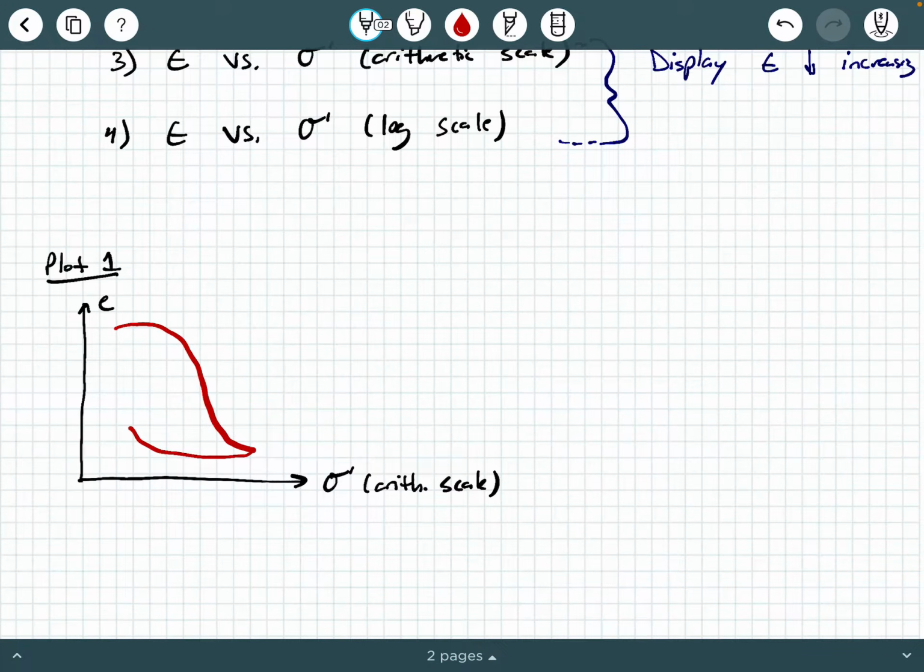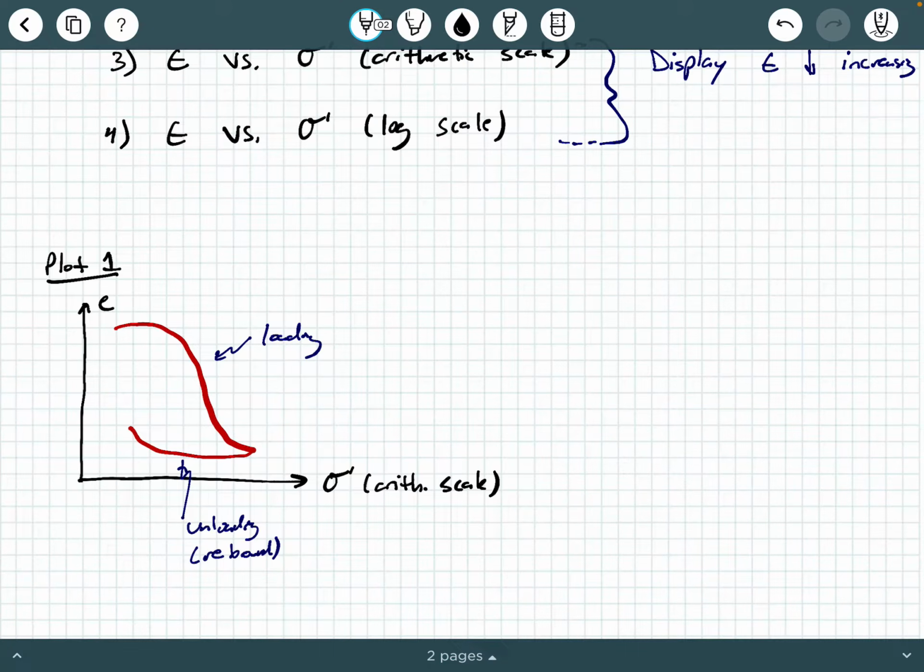And again, this region right here is our unloading or rebound. So we'll make a little note of this. This right here is unloading, or we sometimes call that rebound. And then here is our loading portion of the curve.